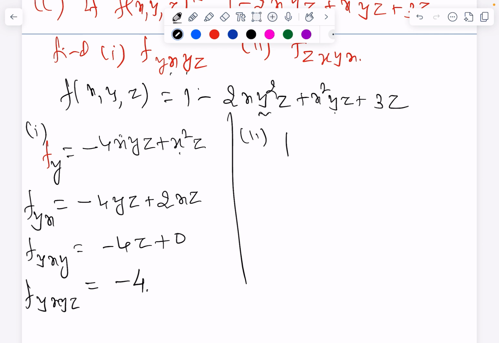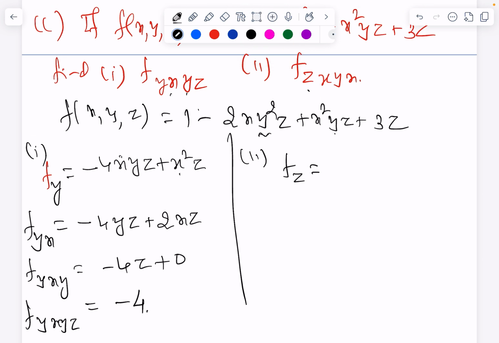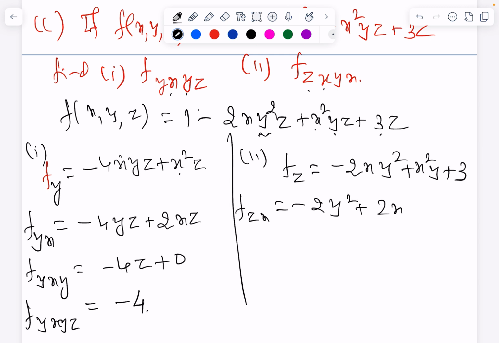Same way here with respect to z. So that is minus 2xy square plus x square y plus 3. Now with respect to x, f_zx, so minus 2y square plus 2xy, derivative of 3 is 0.